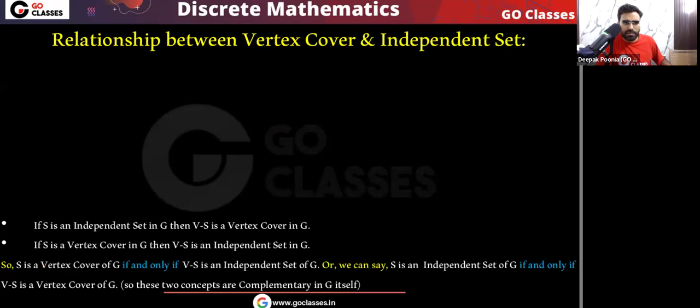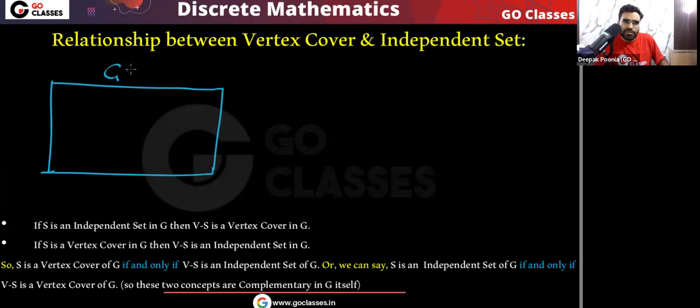Okay, so let me make the diagram, because using a diagram, using visualization, it will be easy to remember. You can see what we are saying. This is the graph G, the graph G(V, E).